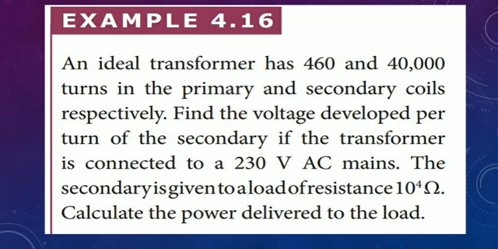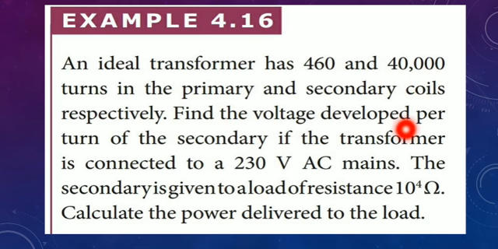Based on this, example problem 4.16, right? Okay, see the example problem. An ideal transformer has 460 and 40,000 turns in the primary and secondary coil. So this is for the primary and this for the secondary coil.